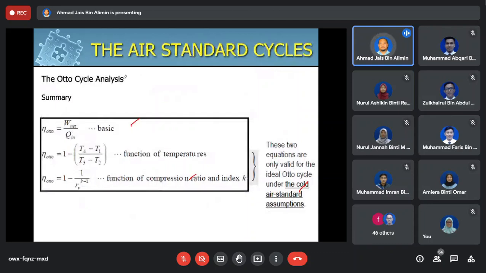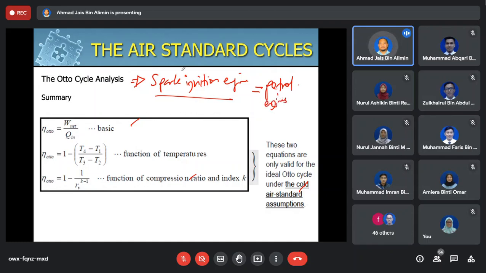For Otto cycle analysis, just a reminder to students, you use this analysis for the spark ignition engine. Okay. So do not use it for diesel or compression ignition engines. It's all for petrol engines.